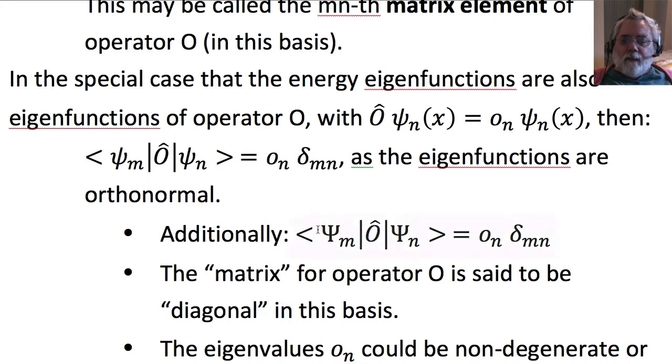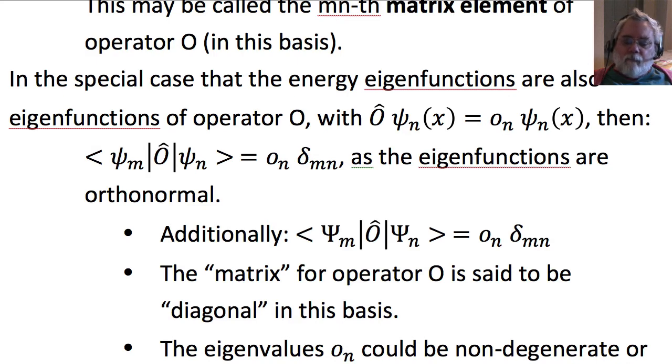Now, additionally, it will also be true if we use the time-dependent capital psi's. So in this case, we could say that the matrix for operator O is diagonal in that basis because of the Kronecker deltas. Now, this is not a finite matrix.